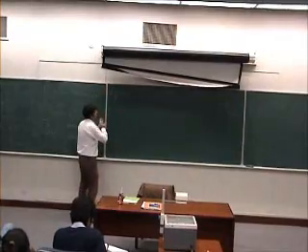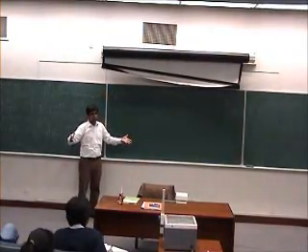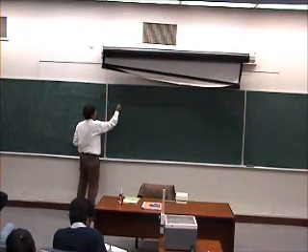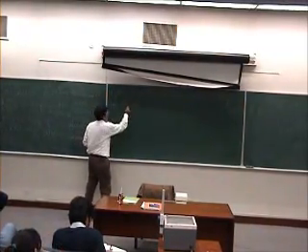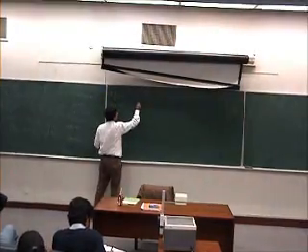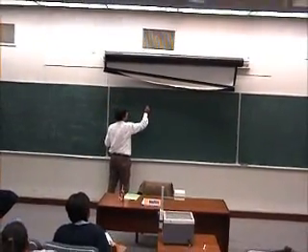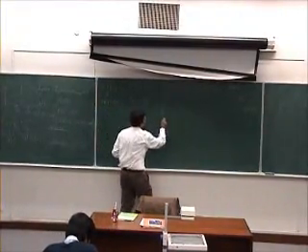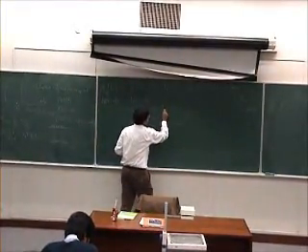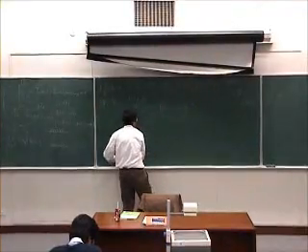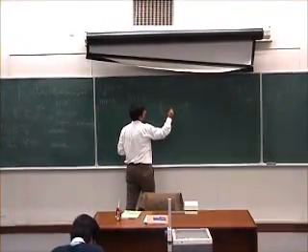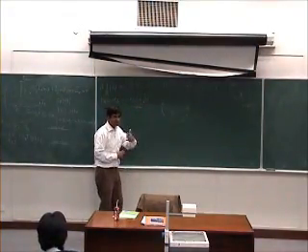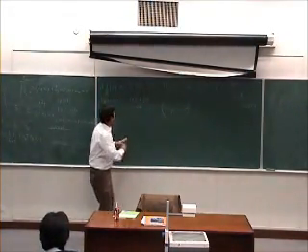Now suppose you are performing an experiment in which the initial state at time t equals 0 is alpha plus beta under root 2. That is, if you draw the Bloch sphere, you are here initially at time t equals 0, along the x-axis.